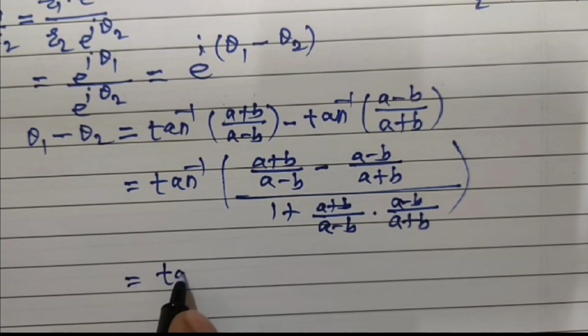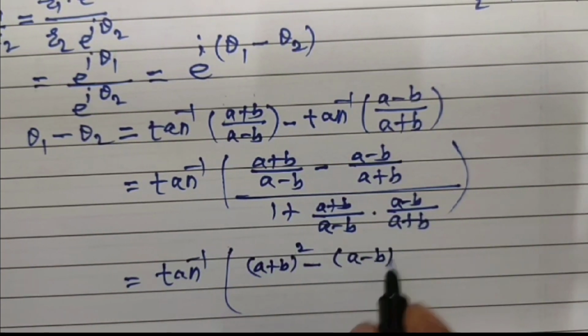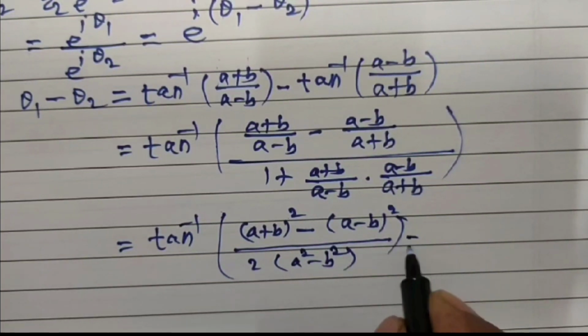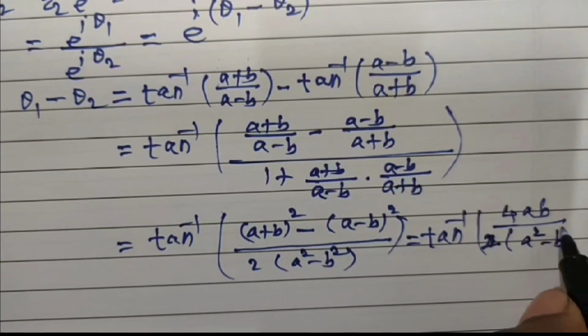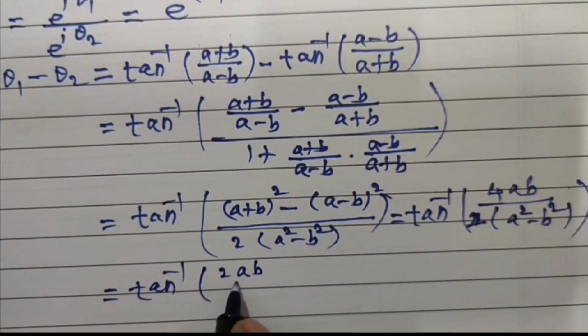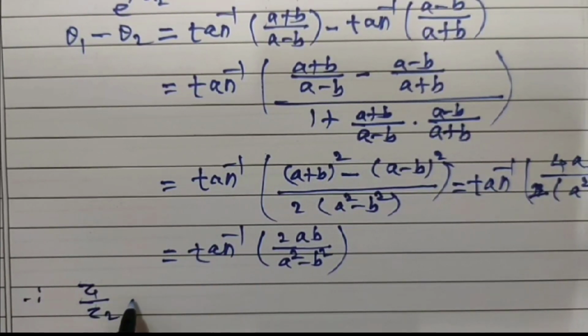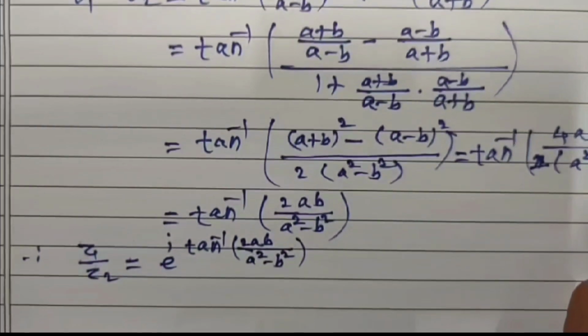This is equal to tan inverse of (a plus b) its square minus (a minus b) its square divided by 2 times a square minus b square. Simplify this. This can be written as tan inverse of 4ab divided by 2 times a square minus b square, and this is equal to tan inverse of 2ab divided by a square minus b square. Hence, Z1 upon Z2 is equal to e to the power i tan inverse of 2ab divided by a square minus b square.